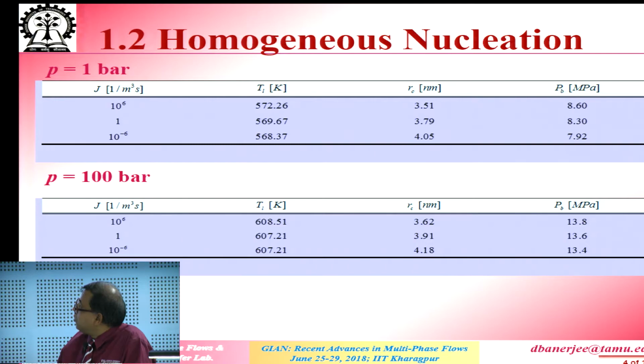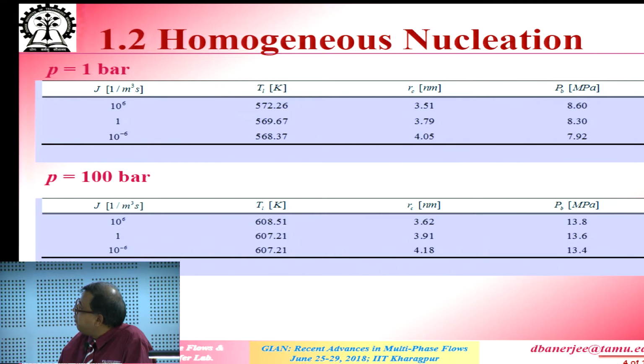So, I do the calculation, and so I did the calculations for, let us look at 1 bar pressure. Okay. And so, when my solution converged, when my J is 10 to the power 6 versus when my J is 10 to the power minus 6. Okay. What I find is my TL varies somewhere between 572 and 568 depending on the value of J I choose.